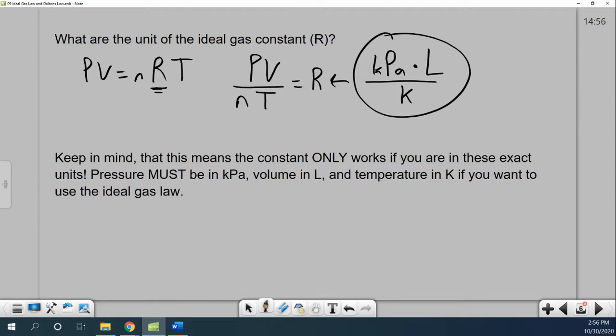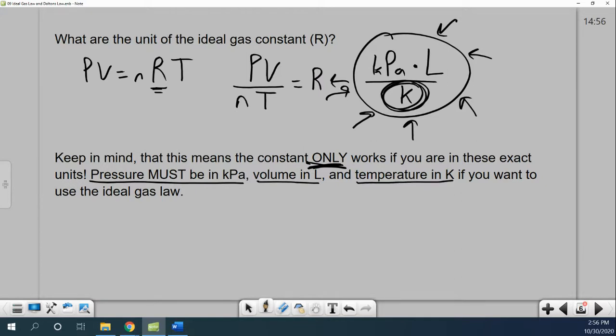What does it actually mean for us, though, in terms of how we use this number? It means this constant only works if you are in these units. So up until now, the only thing you had to watch out for was Kelvin. Temperature was always in Kelvin. Now, in order to use this properly, pressure must be in kPa, volume must be converted to liters, and temperature must be in Kelvin.